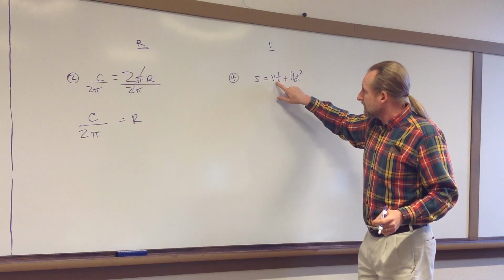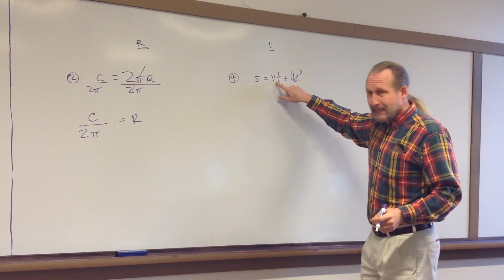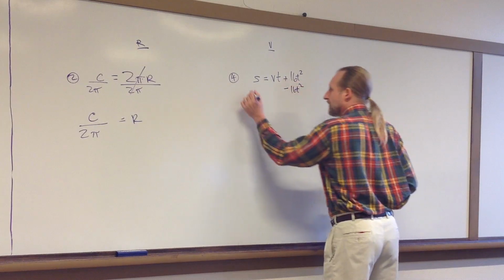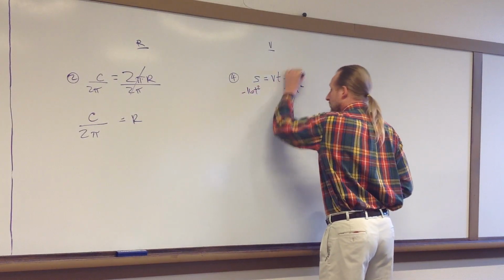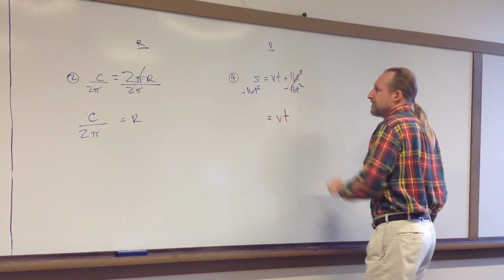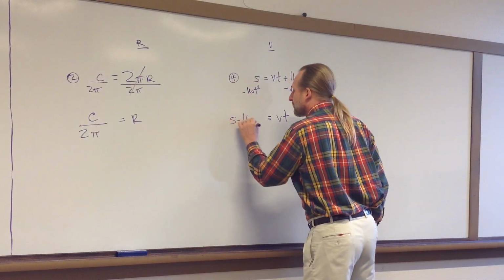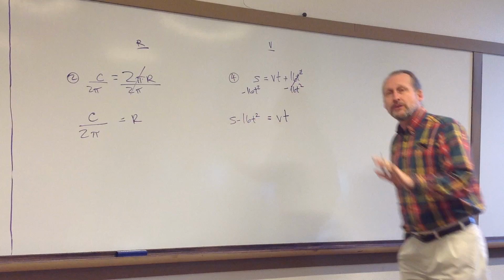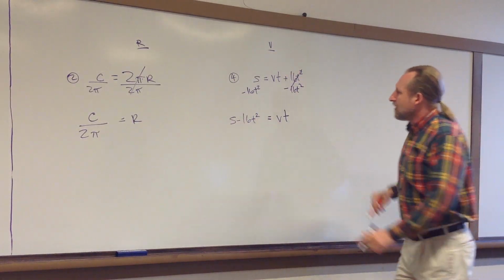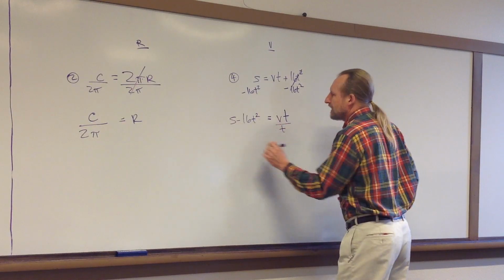Here is where the v is, so we need to isolate this first. So let's move the 16t squared to the other side. Then we'll have vt here, and s minus 16t squared on the other side. Now, to get the v by itself, we want to divide on both sides by t.